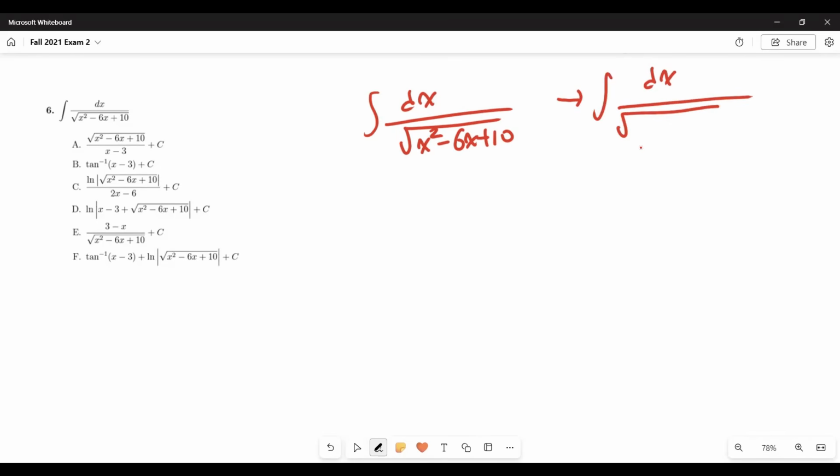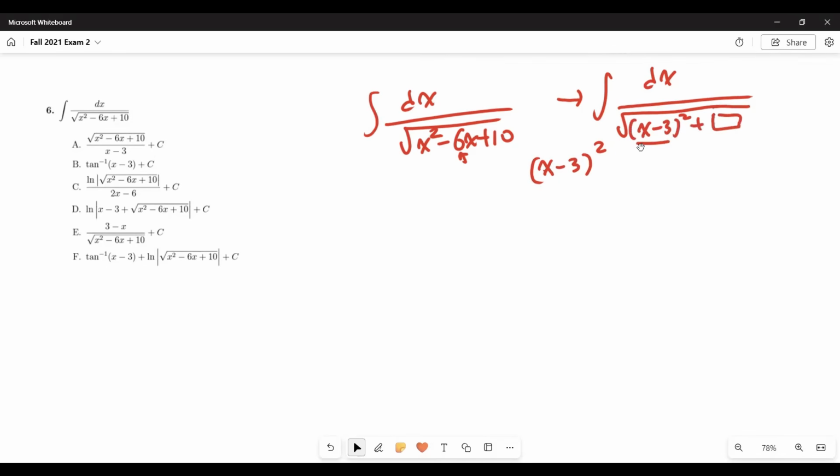So what you do generally for completing the square is divide the coefficient of the x term by 2, so x minus 3, and then just write the squared. So it'll be x minus 3 squared, and then you have to add something to make it equal.